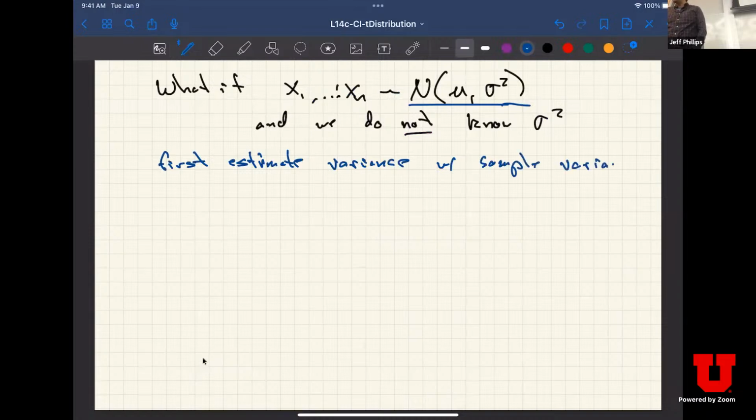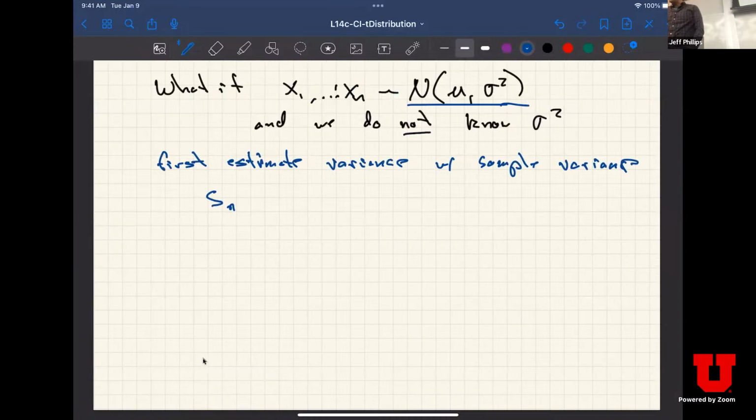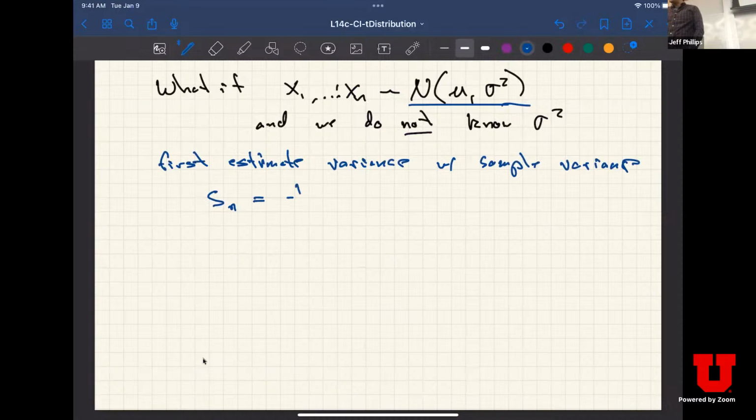If you remember what this is, it's Sn, and this was 1 over n minus 1, the sum from i equals 1 to n of (Xi minus Xn bar) squared.